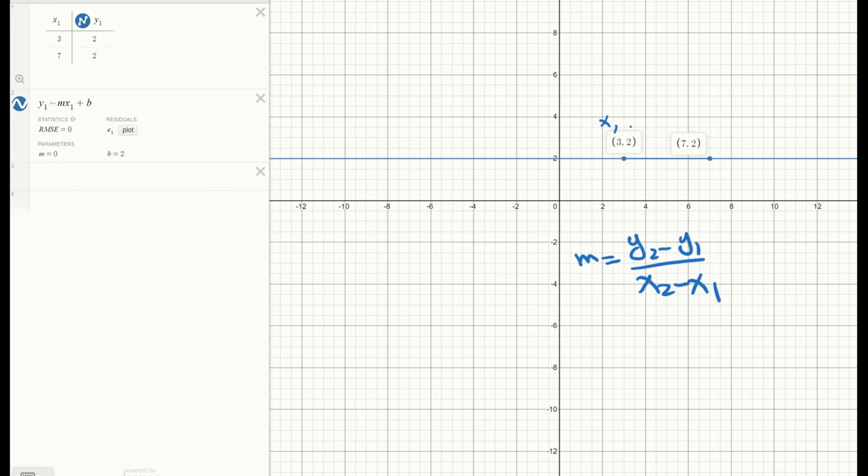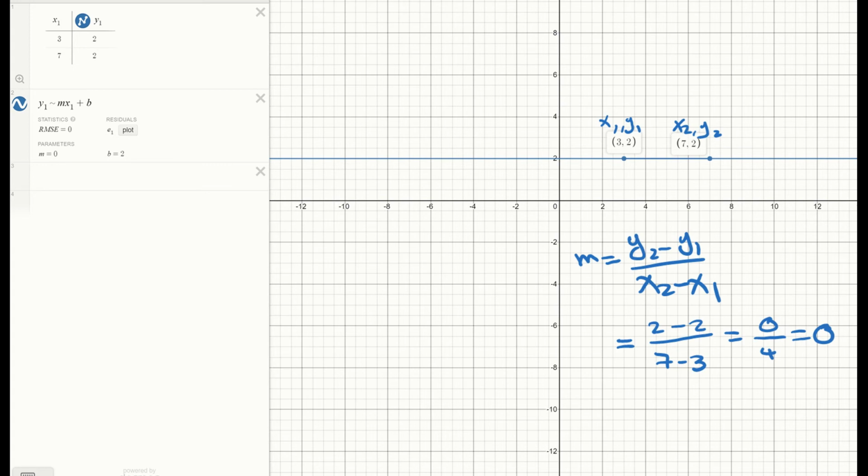So think of this as (x1, y1) and this one as (x2, y2). Notice we end up with 2 minus 2 over 7 minus 3. So we end up with 0 over 4, which is 0. So notice horizontal lines are flat.